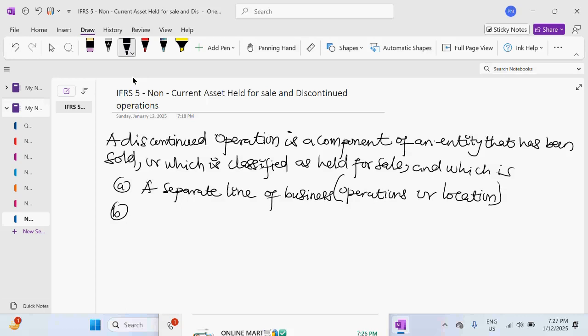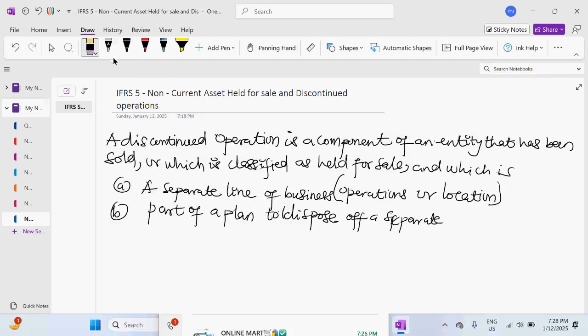Or it is part of a plan to dispose of a separate line of business.